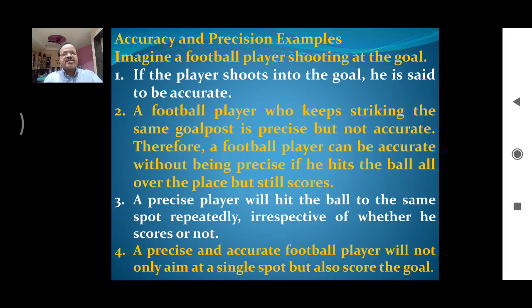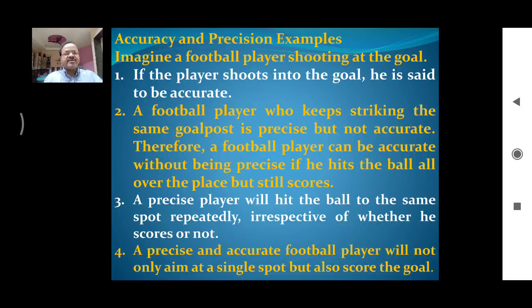Now let us consider the second case. A football player who keeps striking the same goal post is precise but not accurate. Therefore, a football player can be accurate without being precise if he hits the ball all over the place but still scores.